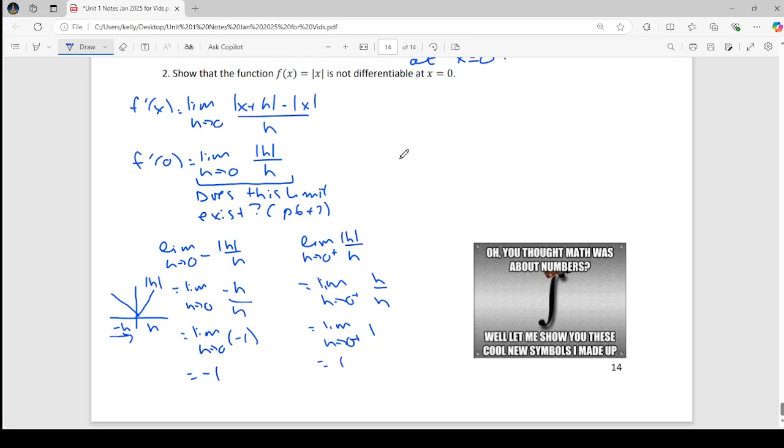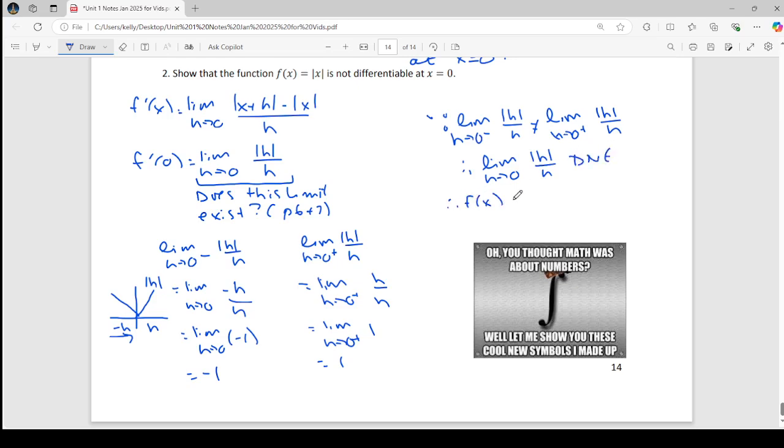So we can see that the limit from the left does not equal the limit from the right. So this limit, as we approach 0, doesn't exist. Therefore, we cannot find the derivative at x equals 0.